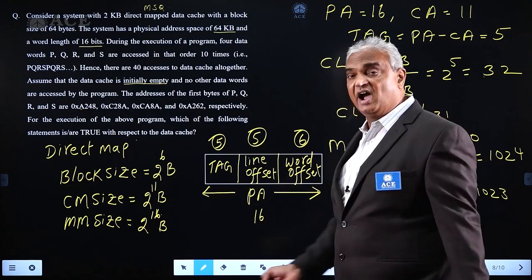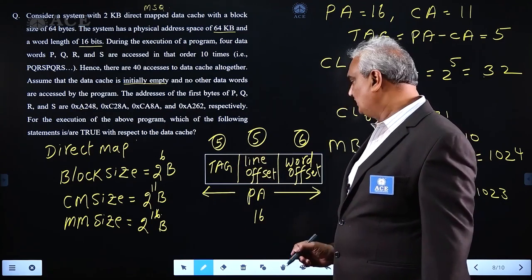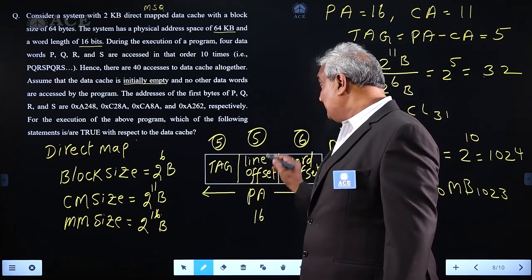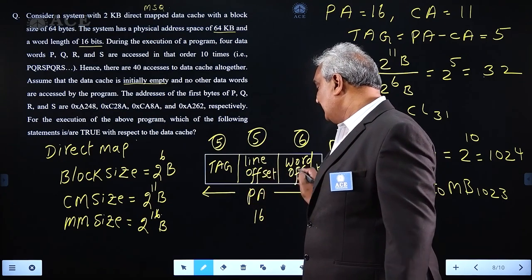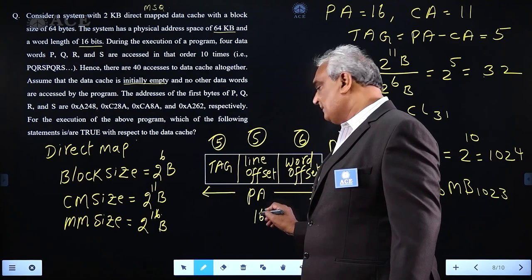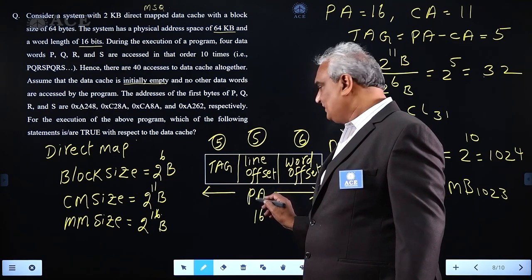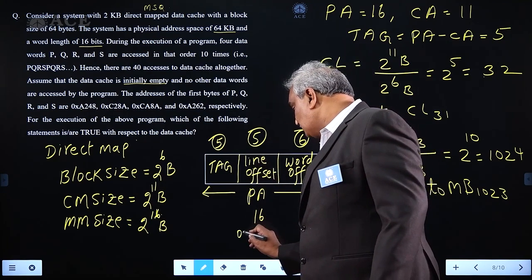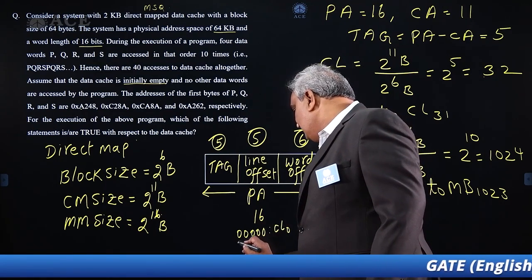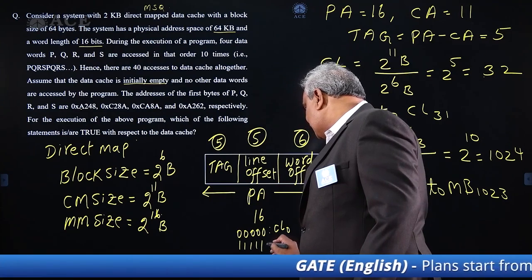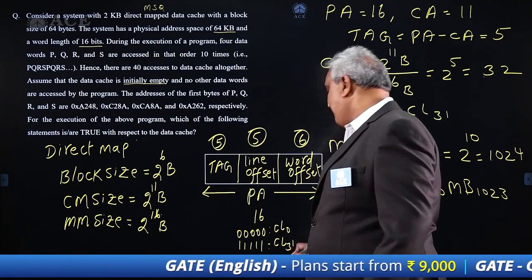Each block has 64 words. Here, 5 bits are used to provide the cache line number, CL0 to CL31. If all 5 are zeros, it represents CL0, and if all 5 are ones, it represents CL31.